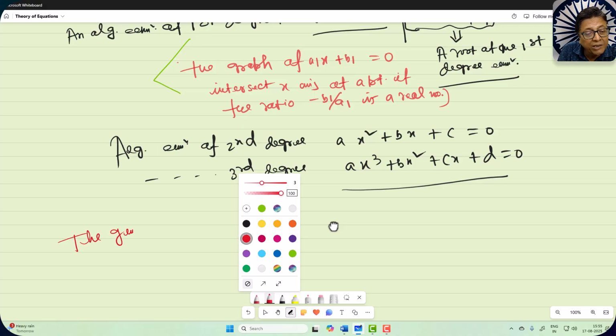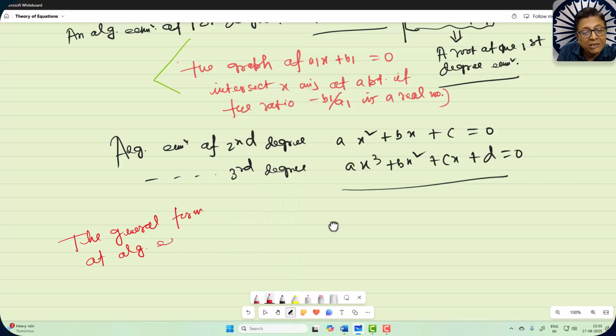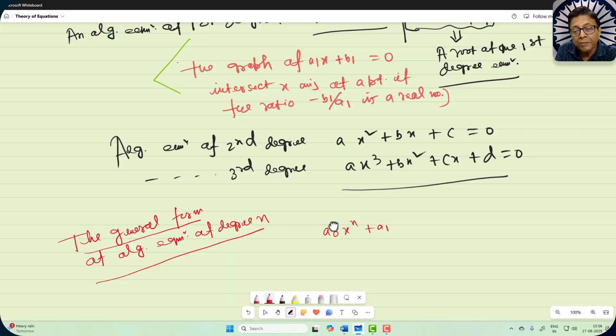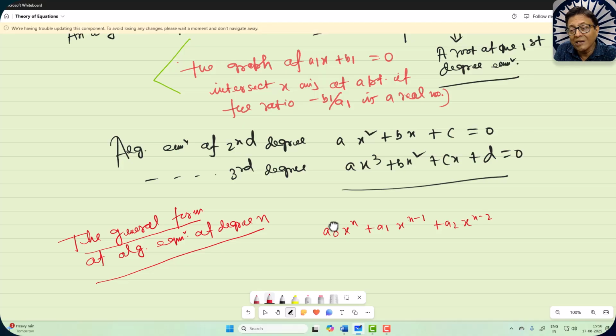This is of the form a0 x to the power n plus a1 x to the power n minus 1 plus a2 x to the power n minus 2, this way, plus an equal to 0.